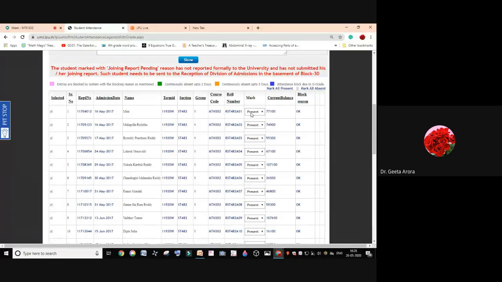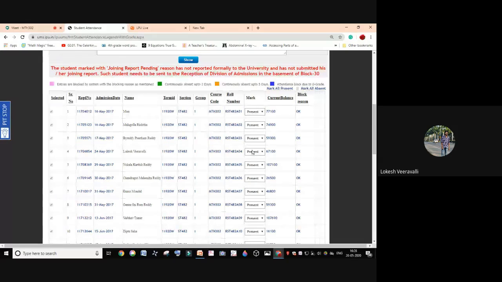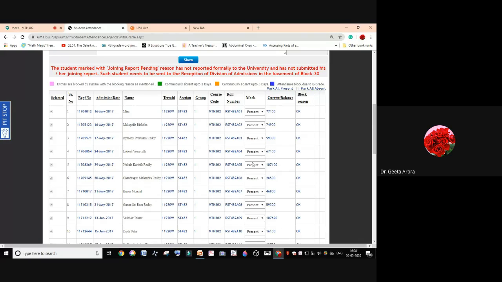Misa, present, ma'am. Rishita, present, ma'am. Pritam, present, ma'am. Mukesh, present, ma'am. Kavita. Present, ma'am. Karthik.